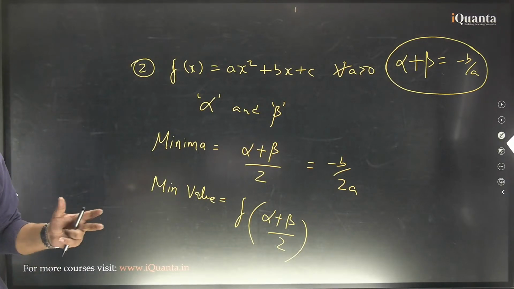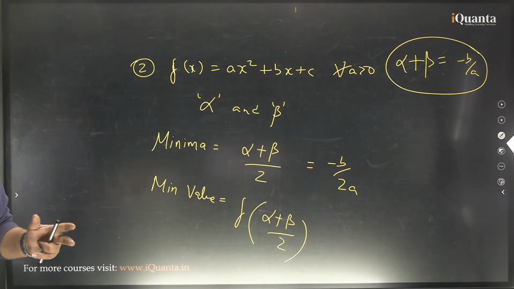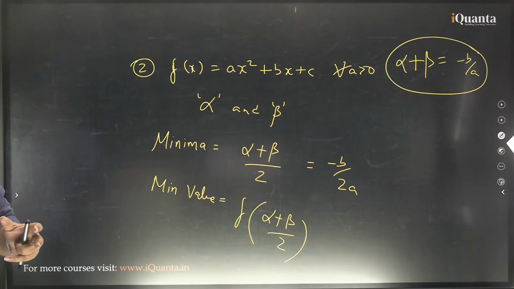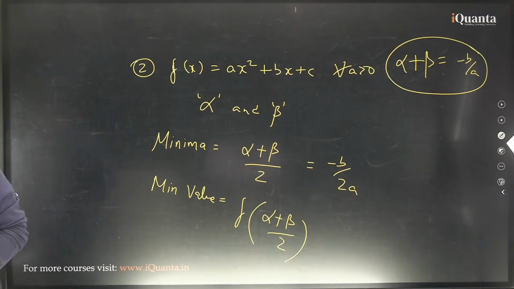Alpha and beta are the roots. Clear? So this is actually a very important and very beautiful expression for the minima and the minimum value.